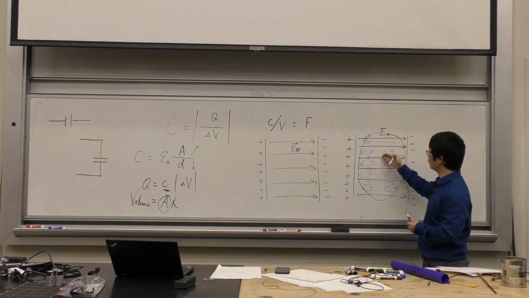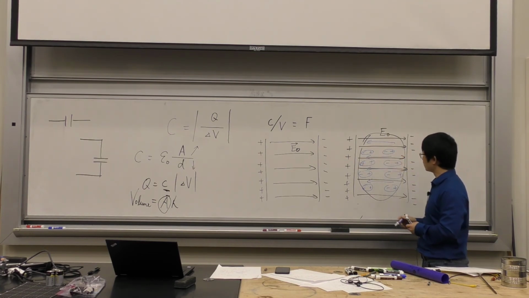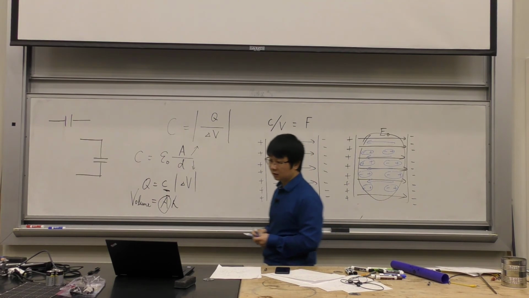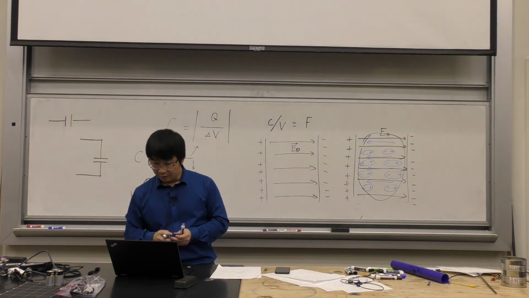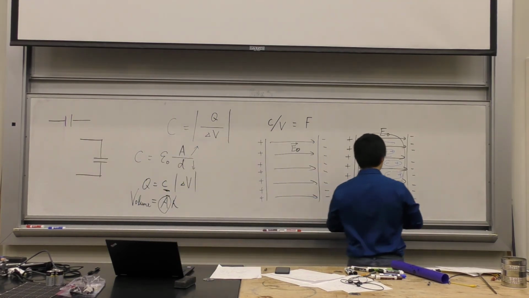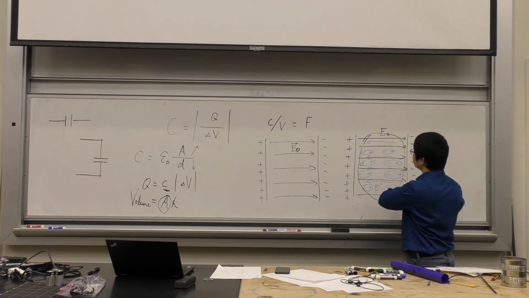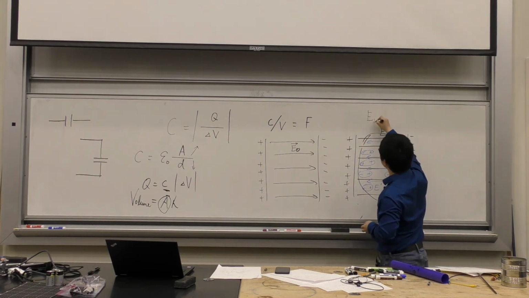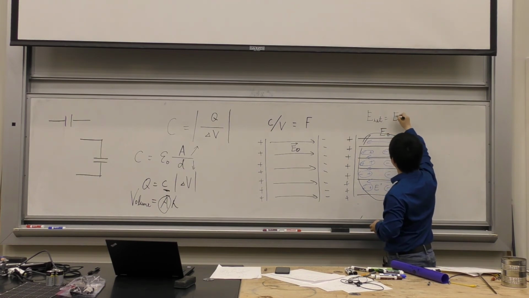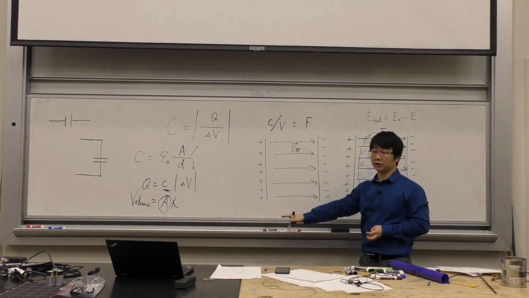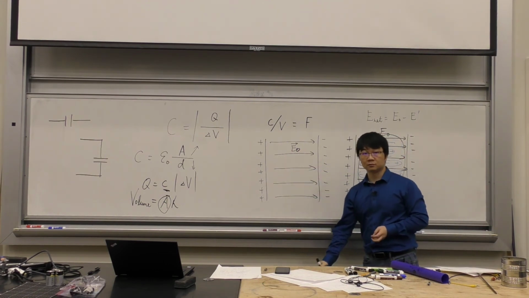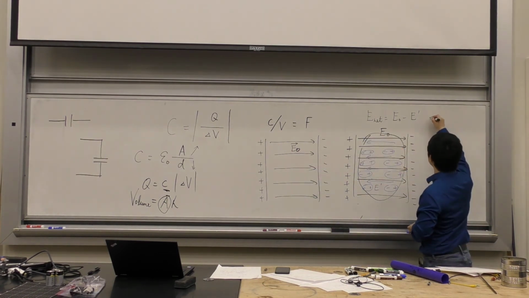So at the end, you will have a net electric field in that direction. Let's call that E prime, whatever you want to call it. So the net electric field in this region is now going to become E naught minus E prime, right? So of course it's going to get weaker compared to nothing between them. This is definitely weaker than E naught.